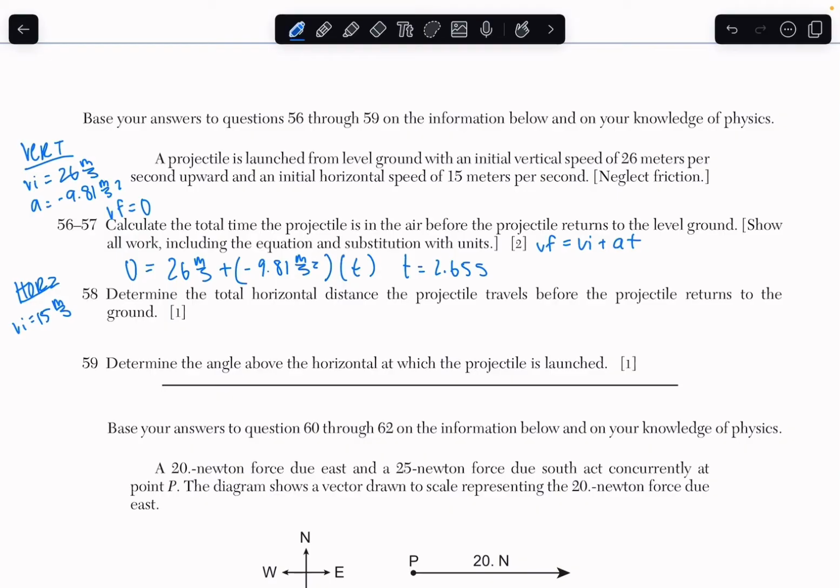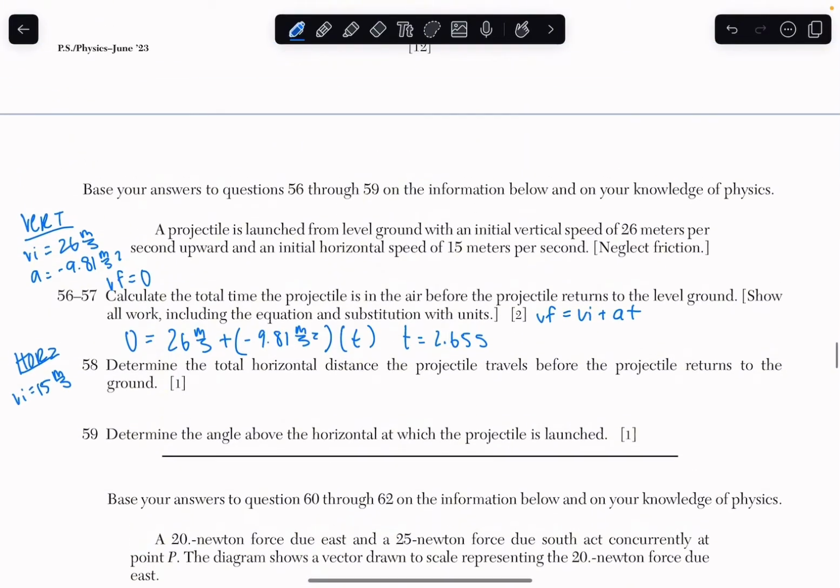And you might think this is the final answer, but it's not. Let me draw it out to show you. If the projectile starts here, at this little circle, it's going to go something like this. And this 2.65 seconds just represents when it meets the halfway point. But that's not the total time that it's in the air. We have this whole other part, which is another 2.65 seconds.